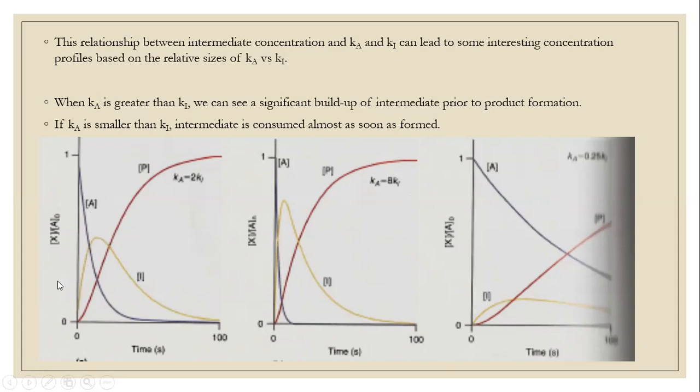The first one is kind of an intermediate ratio of ka and ki. A is consumed, I is building up, and then it's going away. In this one, A is almost immediately consumed, and I is taking a long time to convert. Ka is 2 times faster, then ka is 8 times faster.